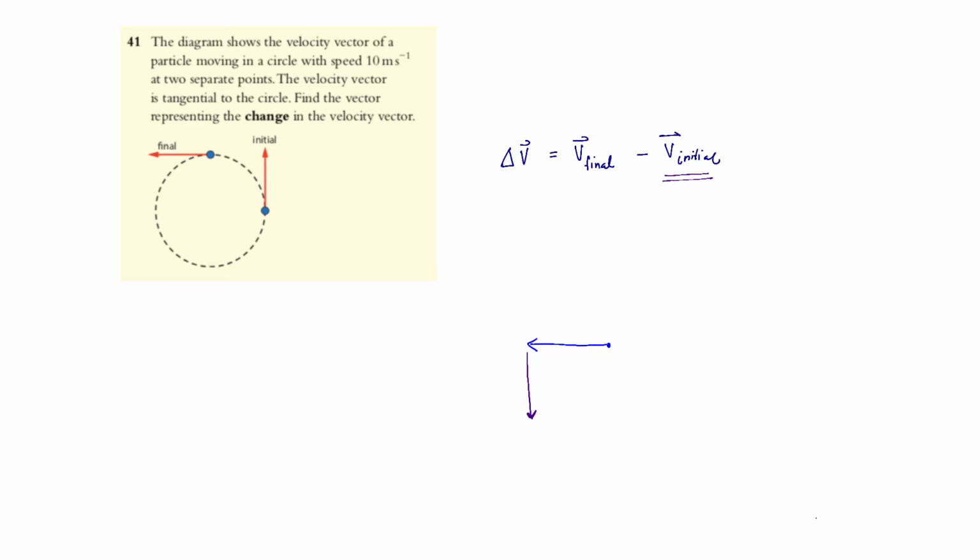And so connecting now, our final vector would be like this. So this is the representation of the change in the velocity vector.